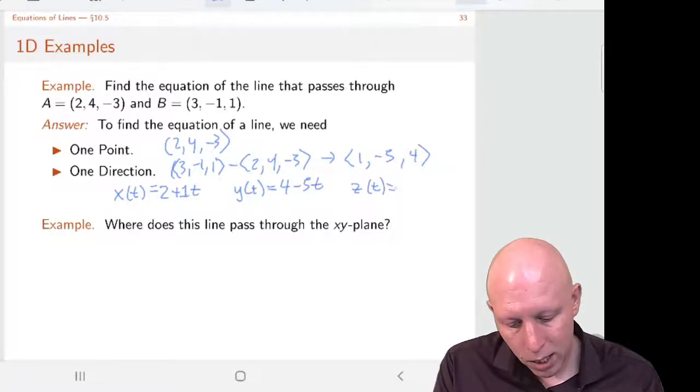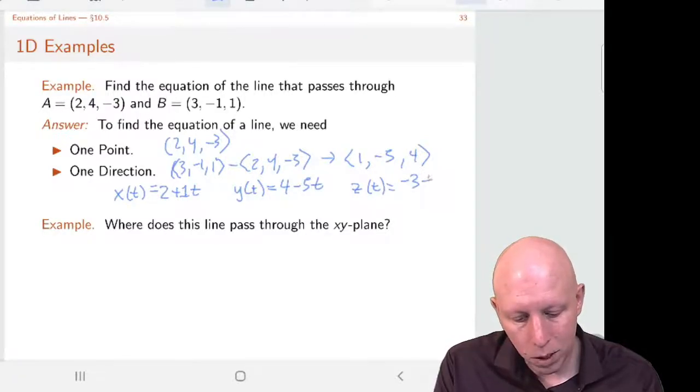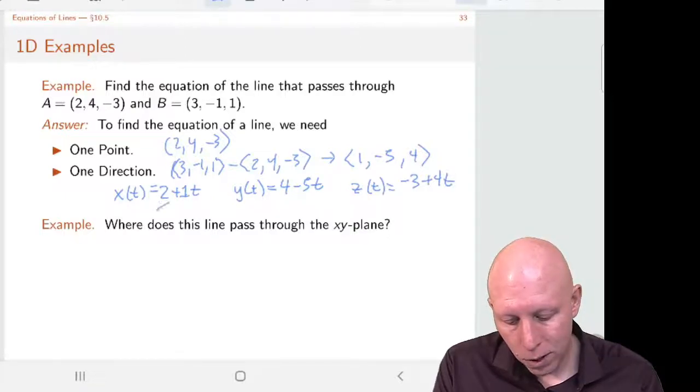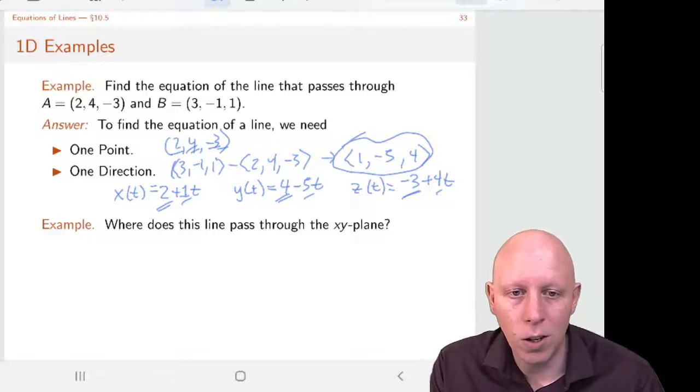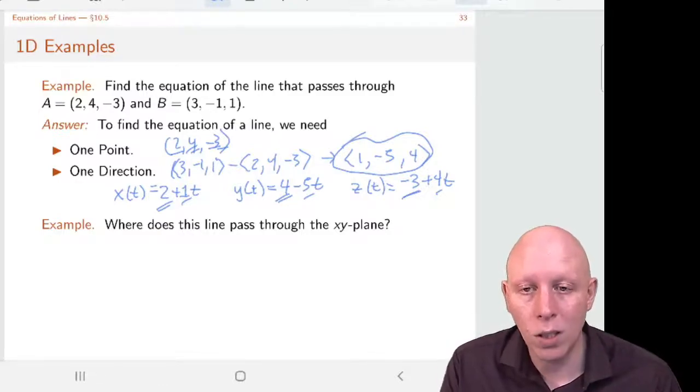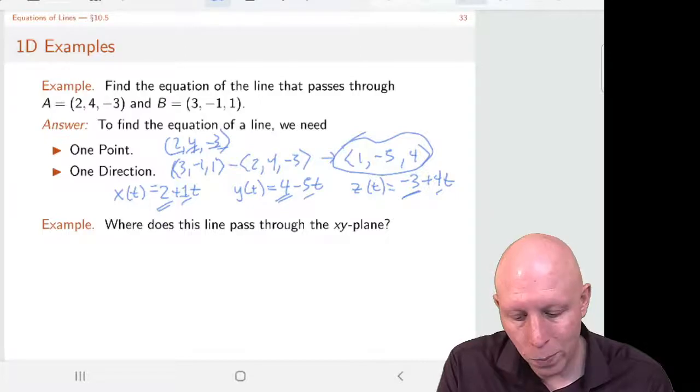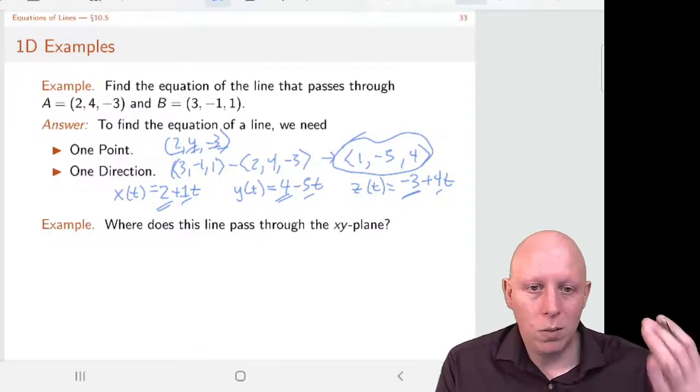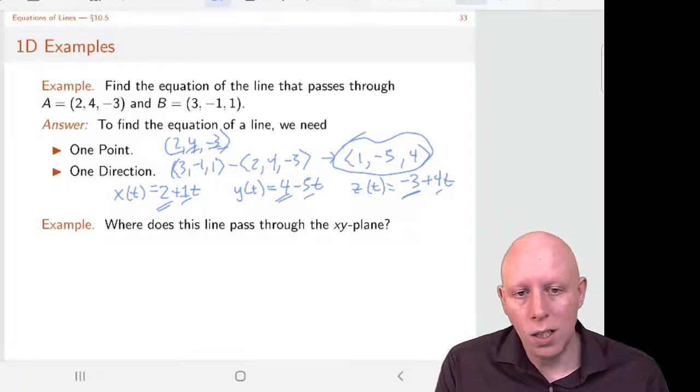And z is -3 plus 4t. And remember what we're doing is we're reading off. This is the coefficient 2, 4, -3, and then these 1, -5, 4 are the components of the direction vector.